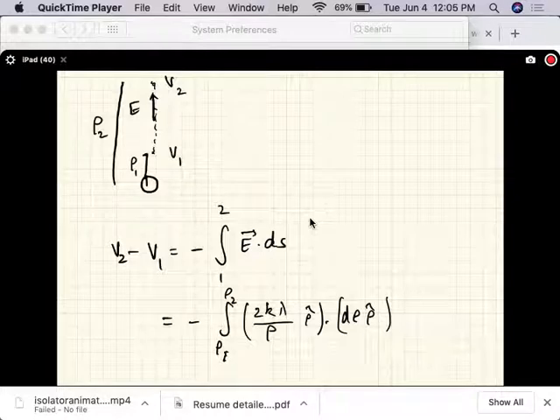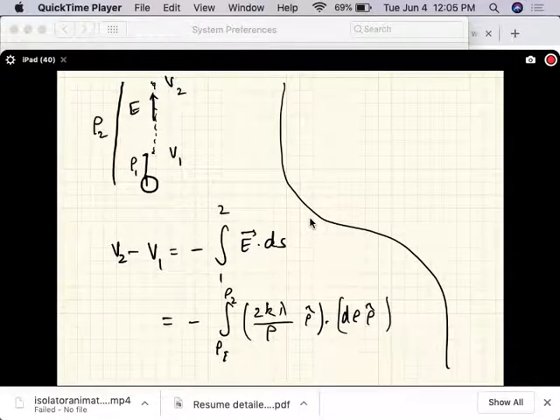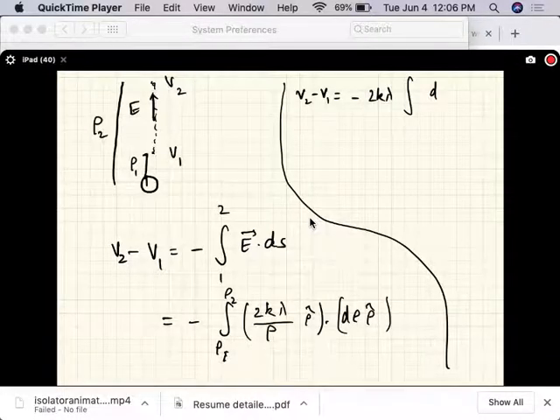I'm going to go over here since I have enough space. V2 minus V1 is equal to minus 2k lambda, which is a constant, times the integral of d rho by rho from rho 1 to rho 2.